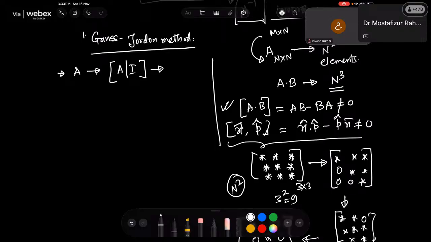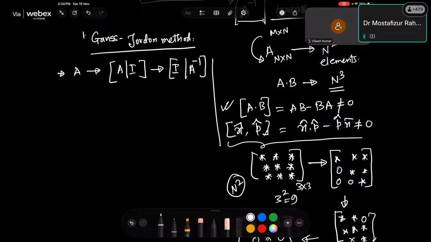Then we try to do certain arithmetic calculations like row exchange, column exchange, and their permutations, and we try to reach something like this. This will become the identity and this will become A inverse, right? So this is one method we typically use, the Gauss-Jordan elimination method.